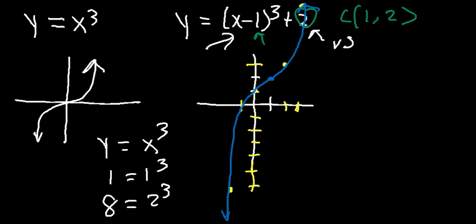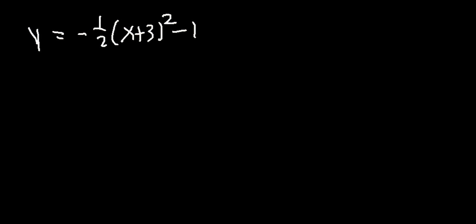So let's try one more example with cubic functions. So let's say you have y equals, instead of putting -2, I'm going to put -1/2 because I don't want to go up 16. Let's say we have this, and it's -1. We know the center is going to be at -3, -1.